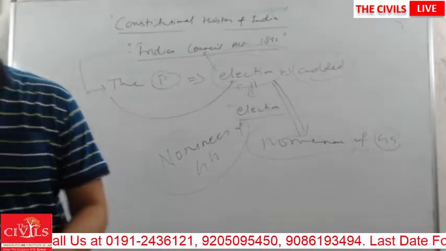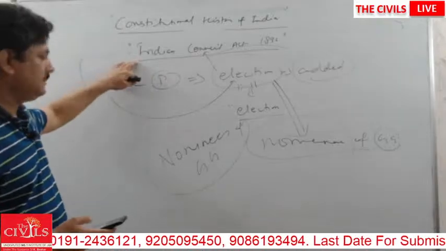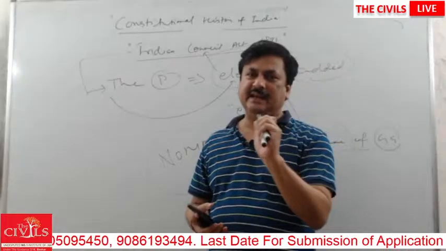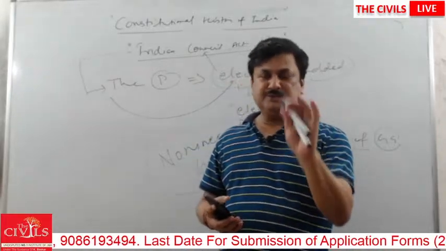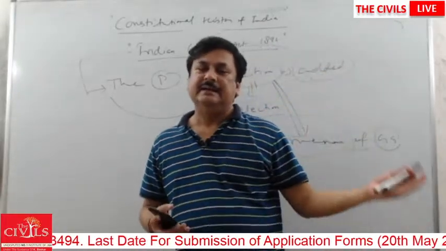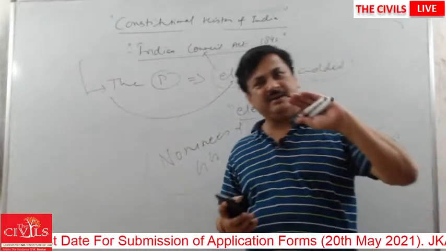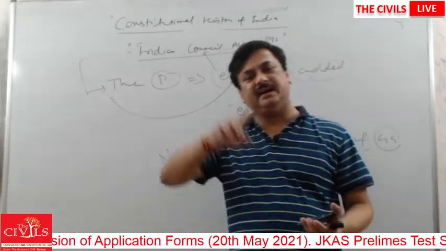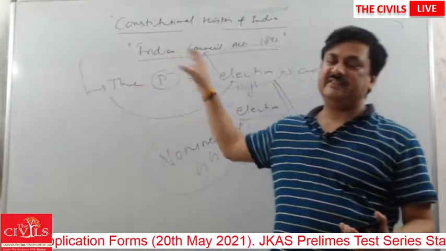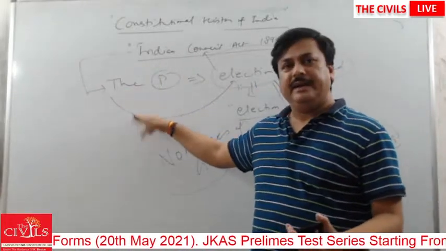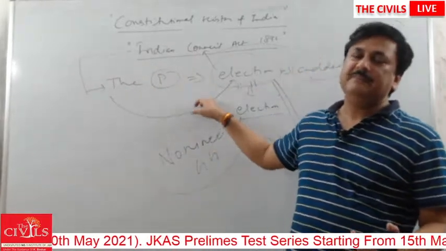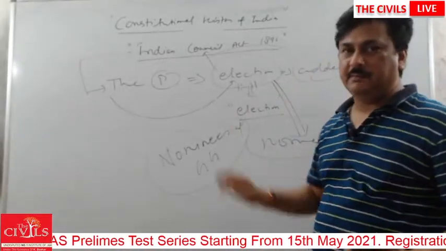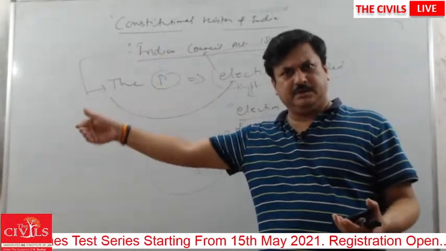I hope it is clear. Two things are very important. First, this act was passed by Parliament to enlarge the Governor General Council, and when it was enlarged, it automatically affected the size of the Central Legislative Assembly. Second, it also enlarged the assemblies of provinces by adding new members.